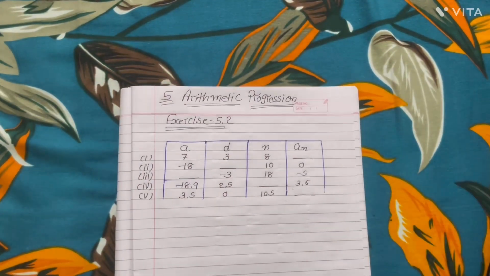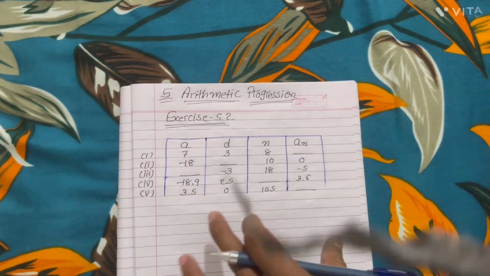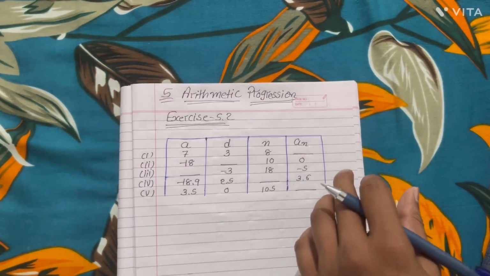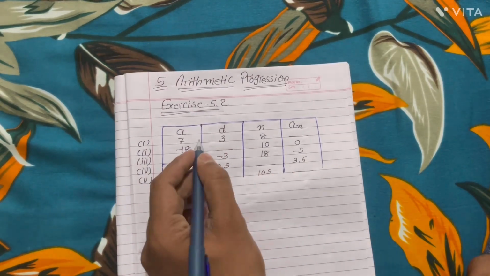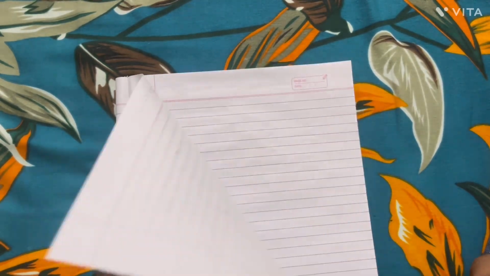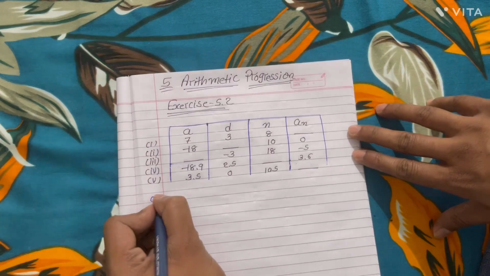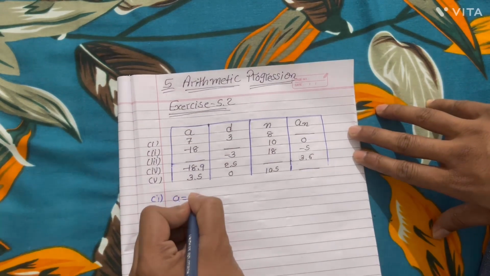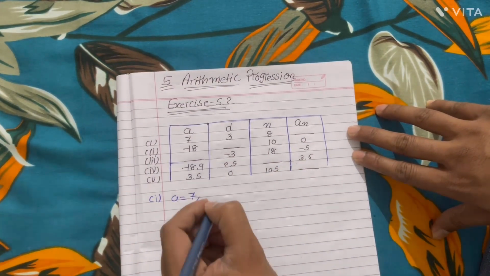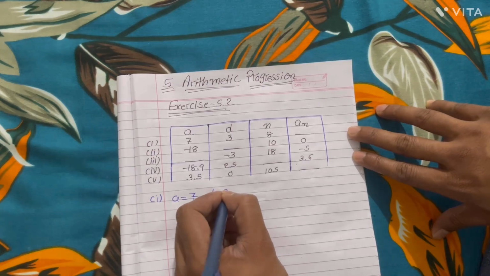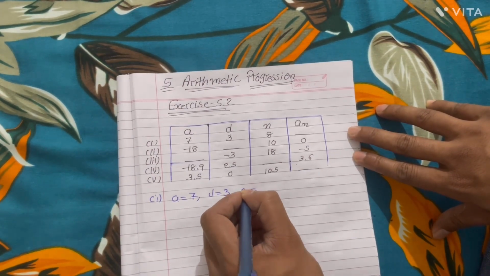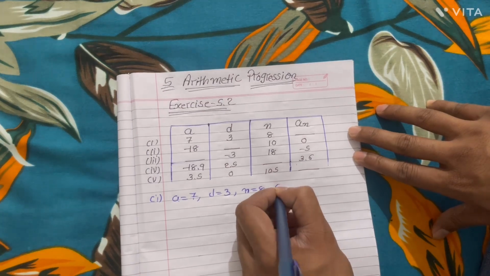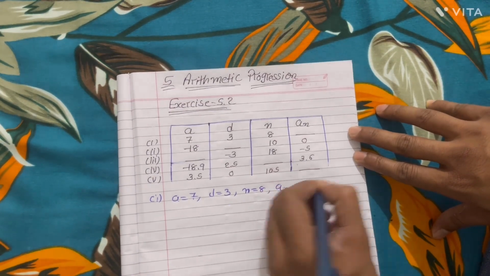Question number 1: we have been given a table and we have to find the remaining part. The first question is a is equal to 7, d is equal to 3, n is equal to 8. You have to find an.